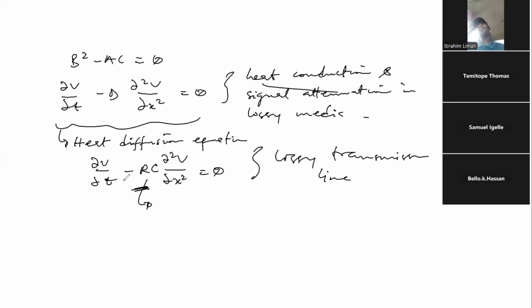We also have, for those of you conducting research in thermal management, when we talk about power electronics, the derivative of T with respect to t minus K times the second derivative of T with respect to x squared being the same as 0. And here we are describing the heat spreading in semiconductors, heat sinks and transformers, right?